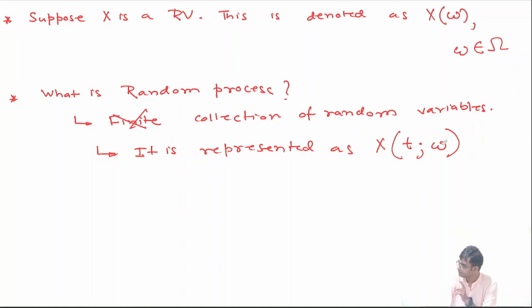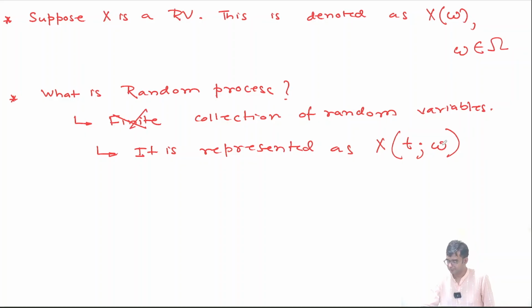Okay. So now, when I said it is a collection of random variables, what do I mean? Let us try to understand. So this t is time. Practically, you will measure this x at some finite times. Let's say I measure this x at t1, t2, t3. So what will I get? x1, x2, x3. Correct?